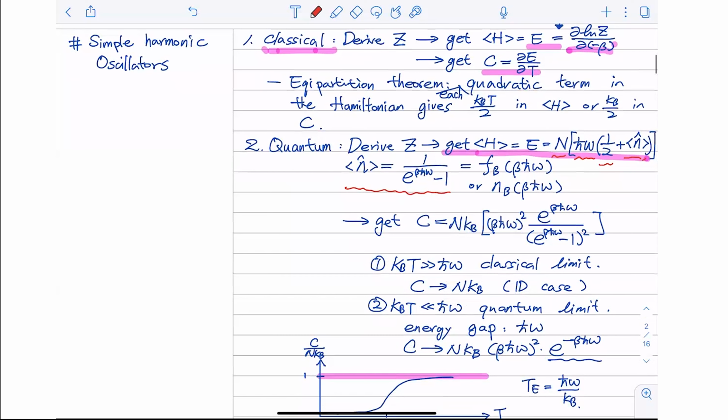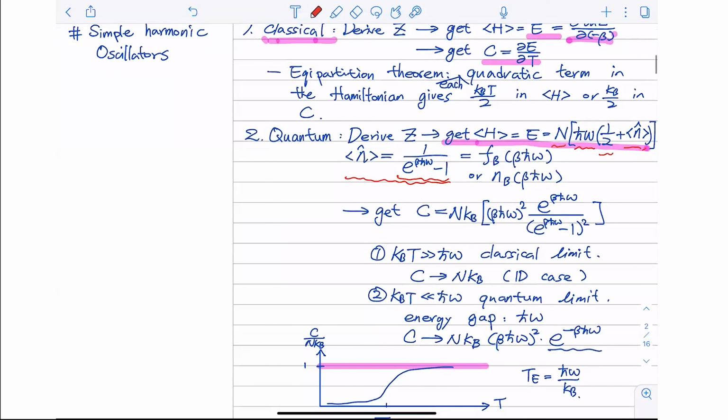In the last lecture, I used two notations to denote the same quantity, which is FB or MB. Both of them are representing this particular expression of the average occupation number.